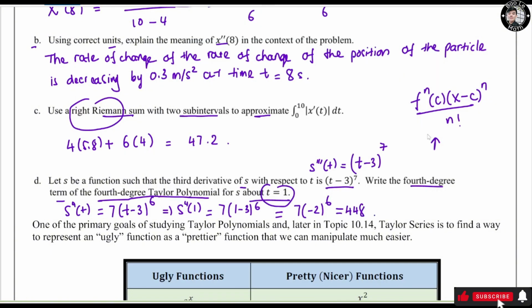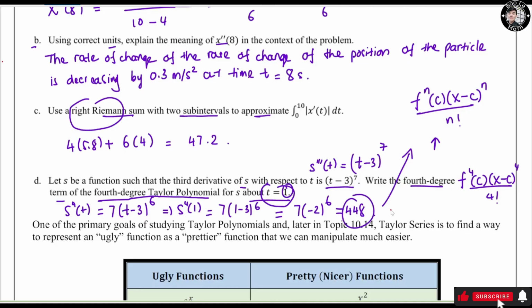So we're going to substitute into this formula right here. The fourth-degree term is f4 of c times (t minus c) to the 4 over 4 factorial. Now c in this situation is 1 right here. So f4 of 1 is going to be 448.